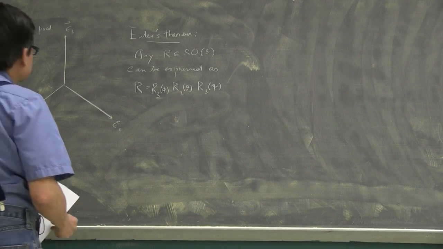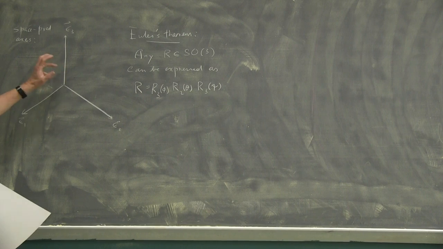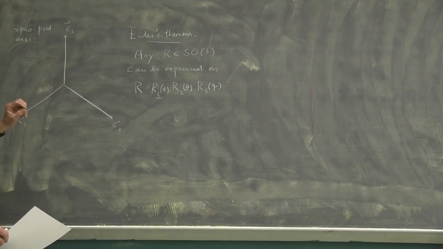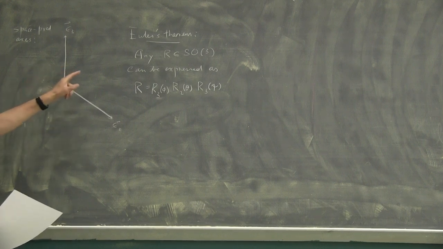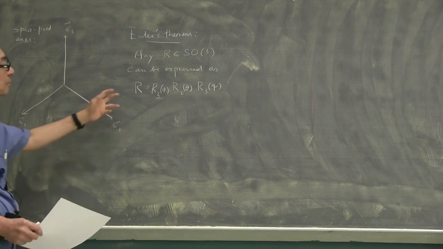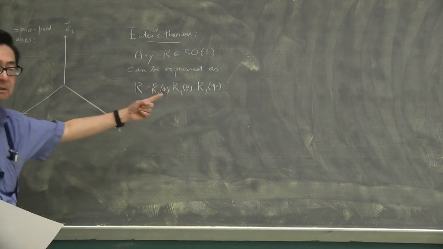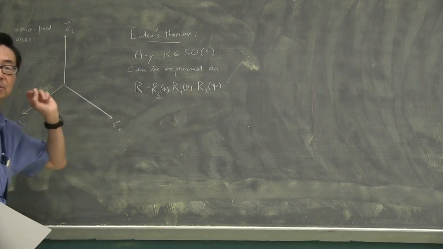So you imagine that you start off with the rigid body in some way, and your rigid body is supposed to go through any rotation whatsoever. Whatever that is, you can always represent that rotation as a succession of these three, with this one first, this one second, and this one third.